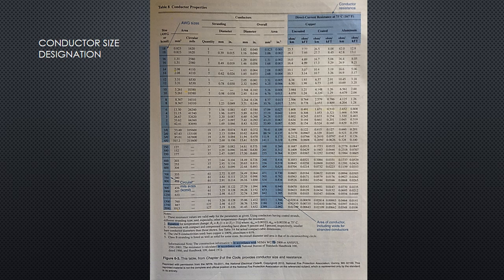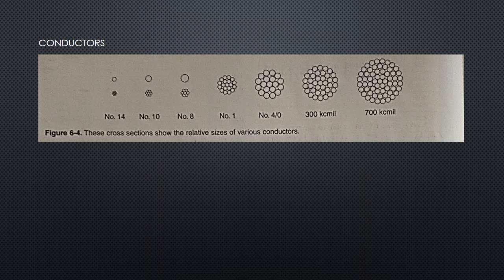See figure 6-4, shown on the screen now. Conductors larger than 4/0 AWG are expressed in 1000 circular mils, or kcmils. Conductors that are 250 kcmils, or 250,000 cmils, are larger than 4/0 AWG conductors.